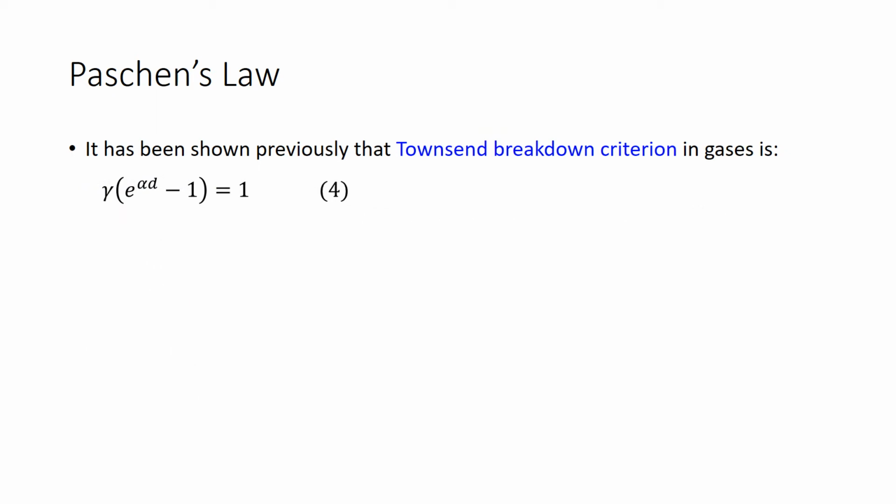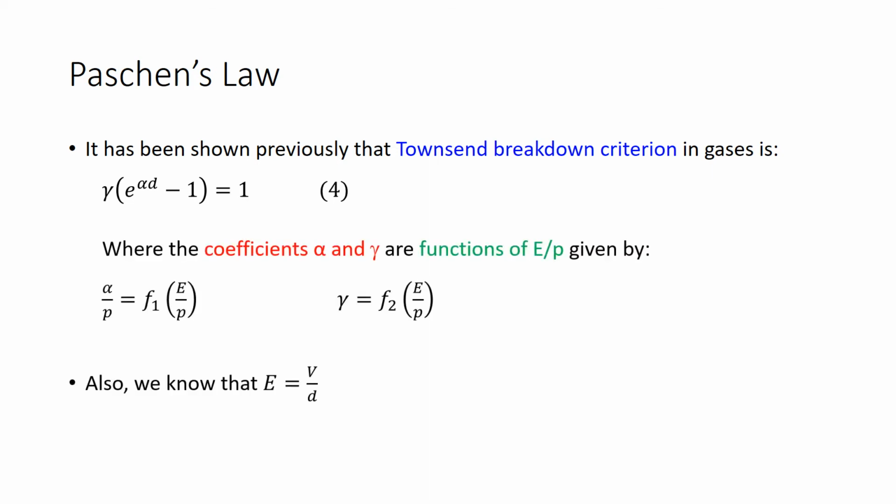It has been shown previously that Townsend breakdown criterion in gases is given by gamma times exponent alpha d minus 1 equals to 1, where the coefficients alpha and gamma are functions of E over rho, given by alpha over rho equals F1 of E over rho and gamma equals F2 of E over rho.